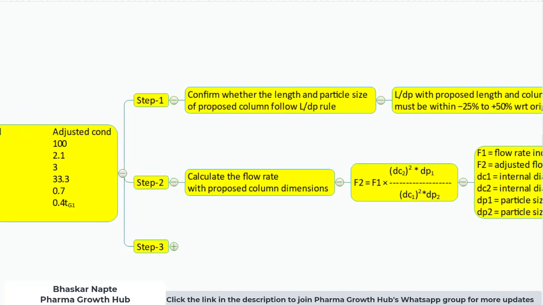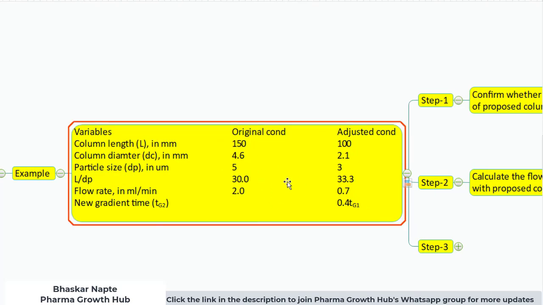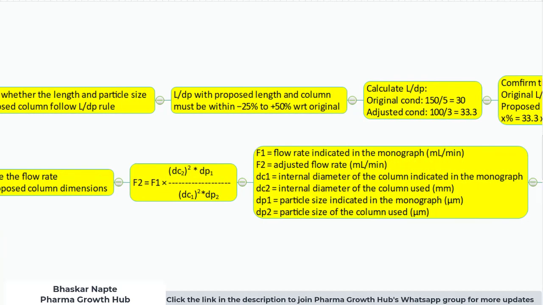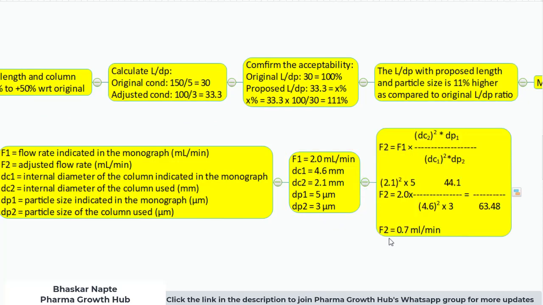I'm just collecting the details from this particular table. I have everything over here, and I have just collected the information one more time in this box. So I have F1, DC1, DC2, DP1, DP2, and hence I can calculate F2.